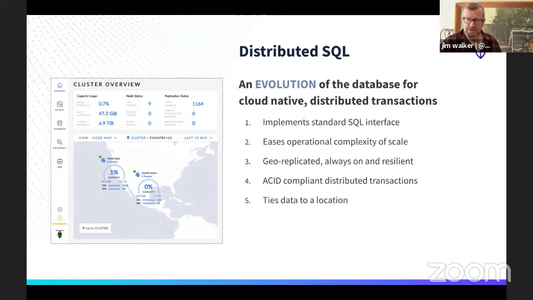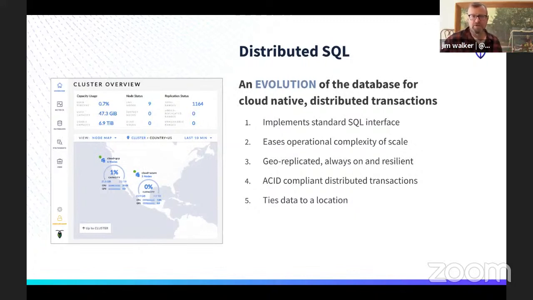Always on and resilient, having data available and low latency access to data, I think, is another key piece of being a distributed system. As you have compute that's spread out over the whole planet, how do different instances of the same compute communicate? How do you deal with ultimately the speed of light?